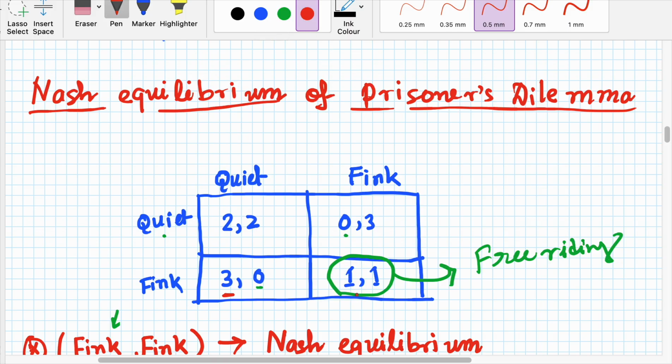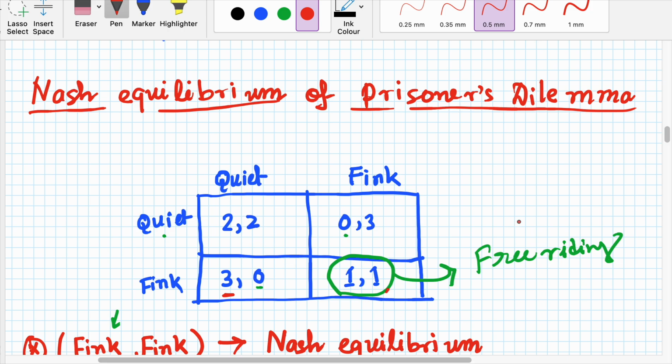Here both of them will confess and will get a punishment for a longer amount of time, whereas there is a solution, which I will not call optimal, but which is better than this Nash equilibrium for both of them.